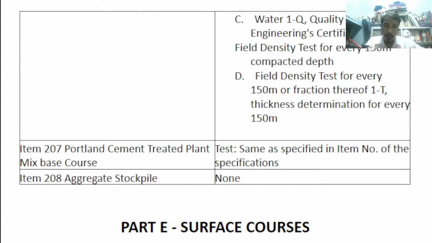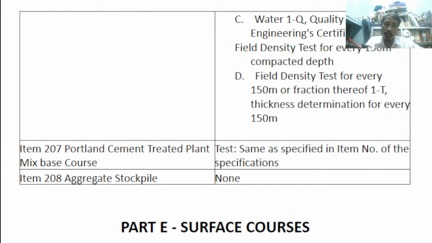Again, we need the field density test for every 150 meters, compacted depth. So field density test for every 150 meters length, but compacted depth is 200 mm. Okay, so that is 1-D. Therefore, 1-D field density test for every 150 meters or fraction thereof.